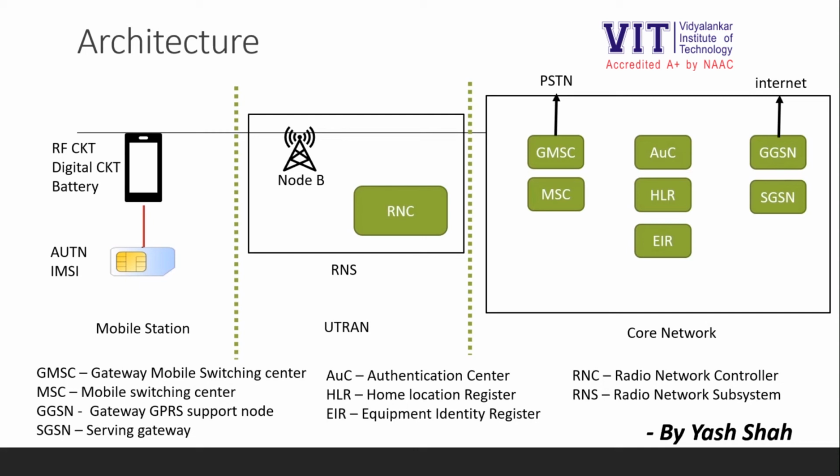So all the IMEI, which stands for International Mobile Equipment Identity, are stored in EIR, whereas IMSI are stored in HLR. We have to note that the registry of the home network is done here.